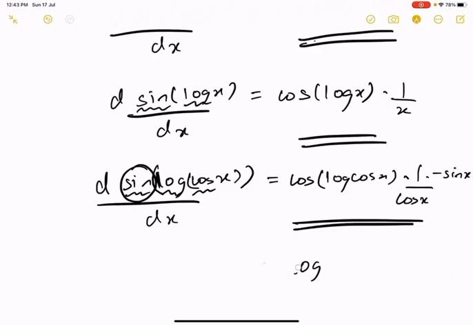I should write the derivative of sine of all this. So the derivative of sine of that is cos of log cos x. You should be careful with the input of the function.